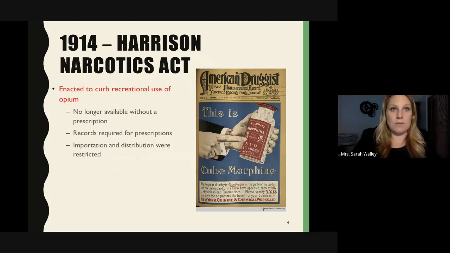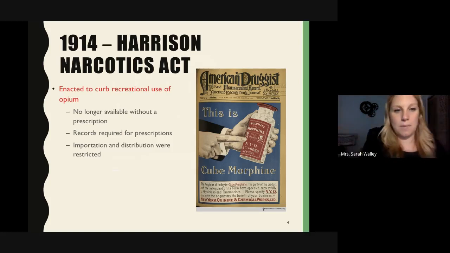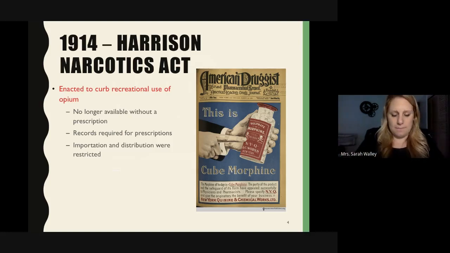You couldn't just get it because you paid someone for it. I know, right? They literally used to be able to get this kind of drug, no problem, without a prescription. But that ended that. It required records for prescriptions, and importation and distribution were restricted. Of course, there's probably still a black market like there is today for drugs, but it helped to curb that because it was so out of hand back then.